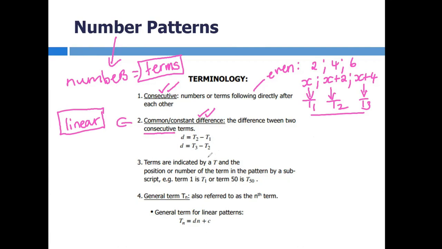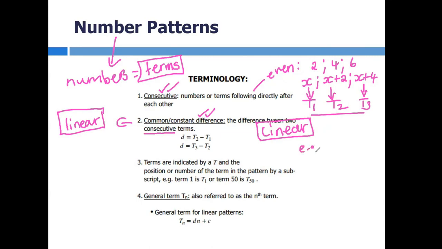So if they are consecutive terms and we subtract them, we get what we call the constant difference or the common difference. So by getting a common difference, I can automatically classify that pattern as linear, right? So that's what classifies the pattern as a linear pattern. I cannot call a pattern linear if there is no constant difference, meaning if I subtract the two terms that follow each other, and the answer is not constant throughout, hence I cannot call it a linear pattern. Does that make sense?